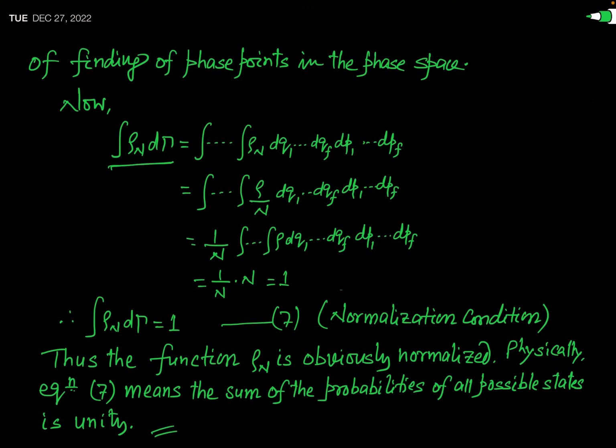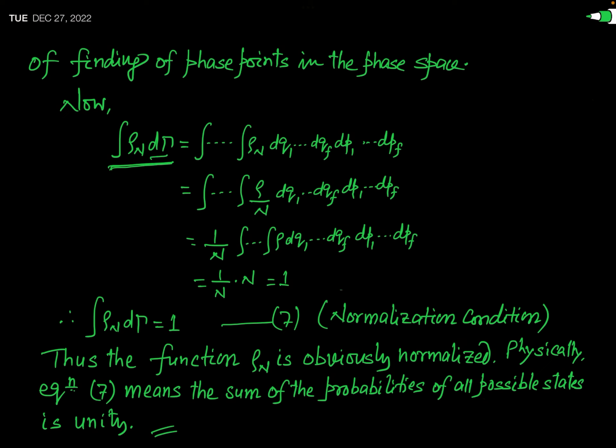Okay, but here I have given a very simple proof of this result. You can see, if you want to evaluate this integral of rho n d gamma, what will be the result?